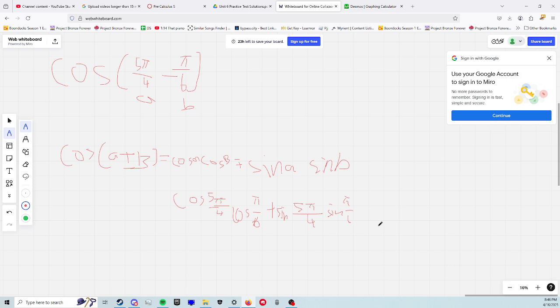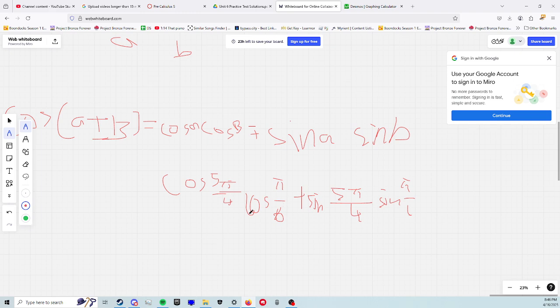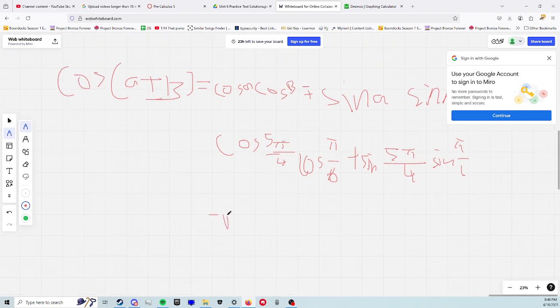5 pi over 4. So we know this is double negative, so negative root 2 over 2. And then cosine pi over 6, we're solving for the x value. That's root 3 over 2. Plus sine 5 pi over 4, because in the third quadrant it is double negative.